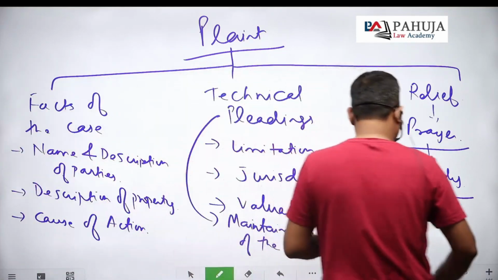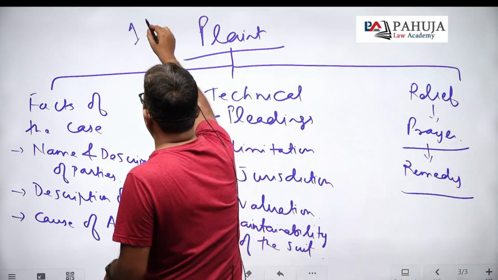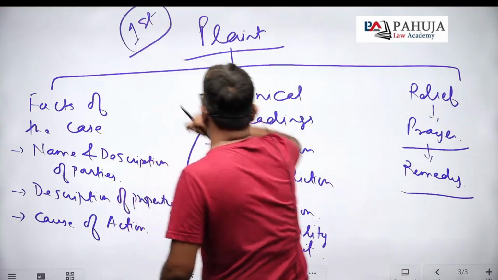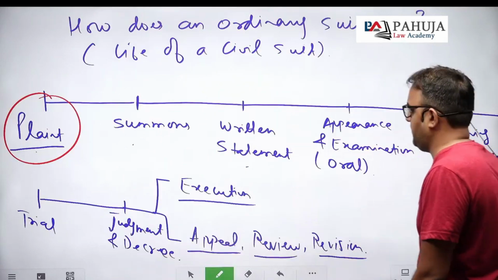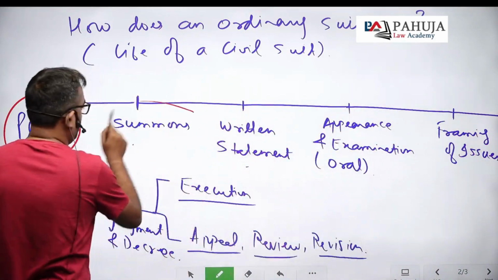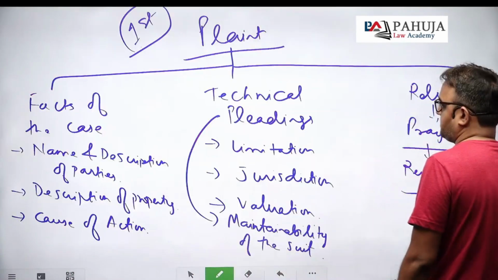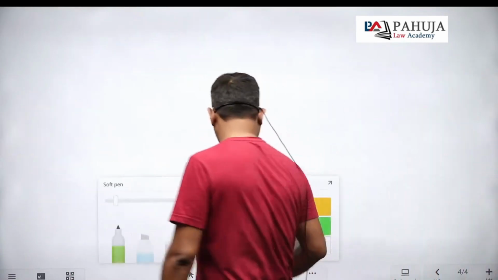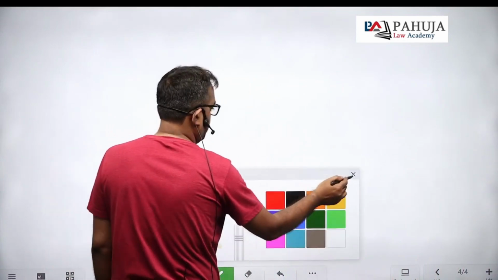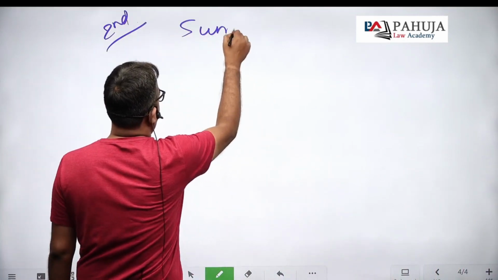First thing is this. Now, this is the first part, or the first step towards the filing of the suit, right? The second step is the serving of the summons, or the service of the summons. So let's look at the next step. Second step is summons. Okay.